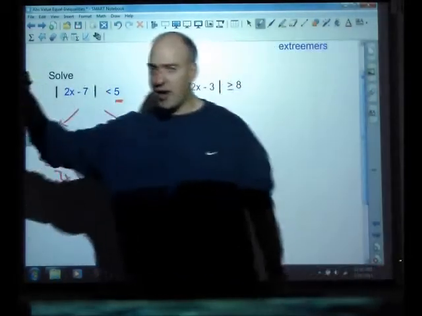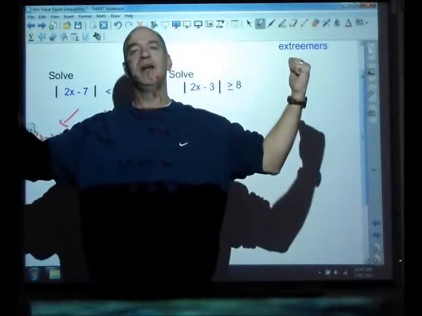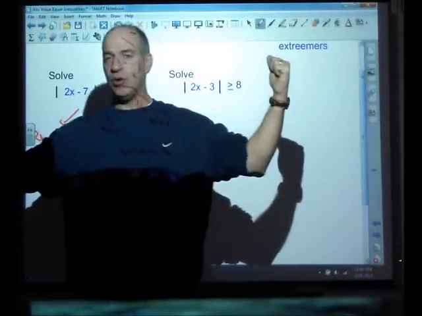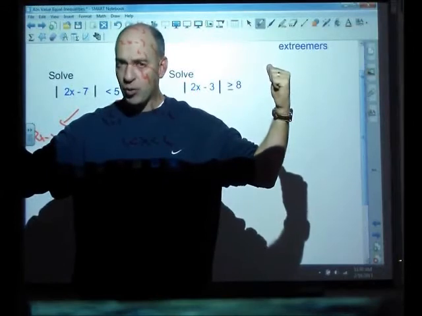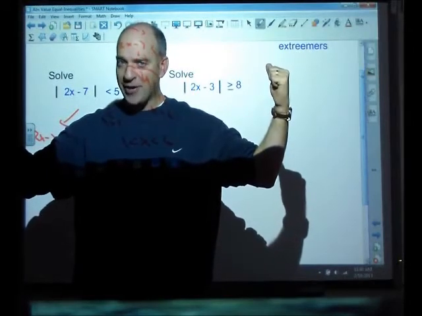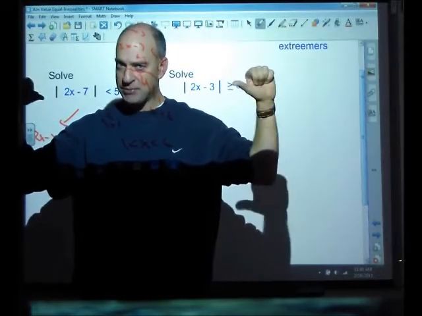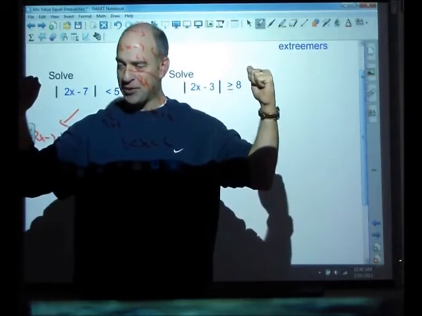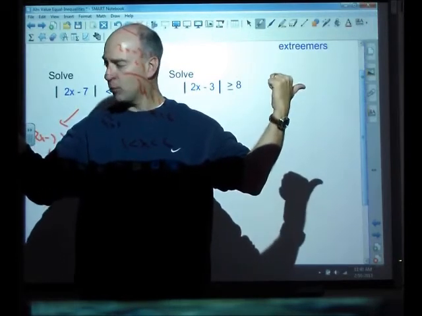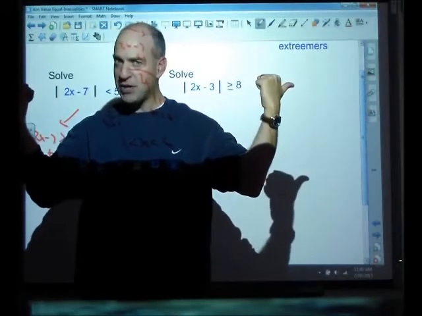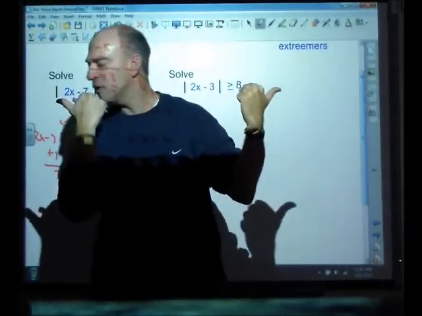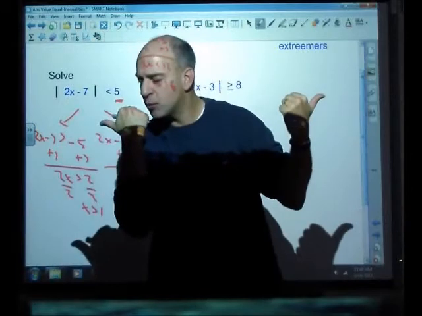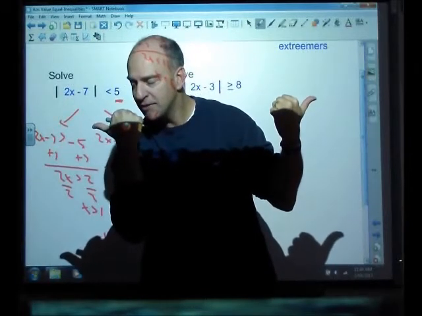So that can occur at negative 8, that can occur at positive 8. That would equal 8 away from 0. Now I want to be equal or I want to be greater than 8 from 0. So thumbs in or thumbs out? Hopefully you're saying thumbs out would be greater than, the fist would be equal to. So if you're looking at this, this would indicate less than or equal to negative 8.